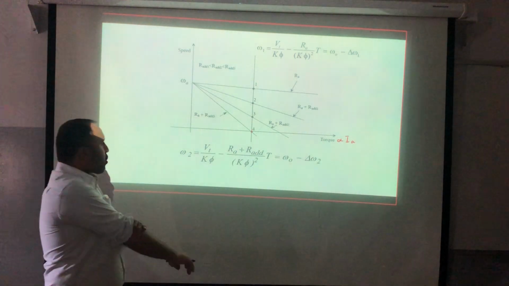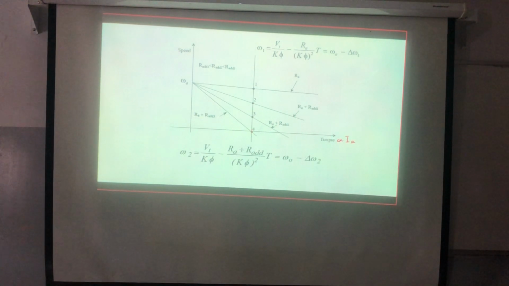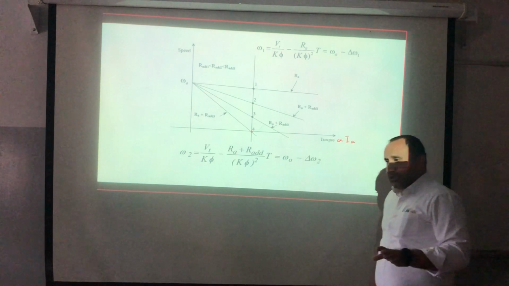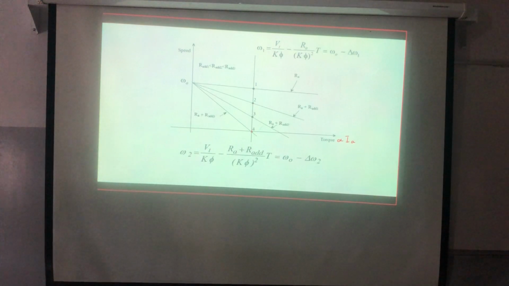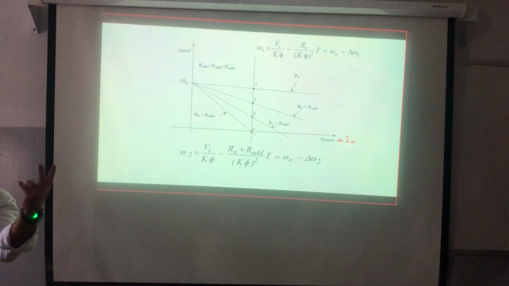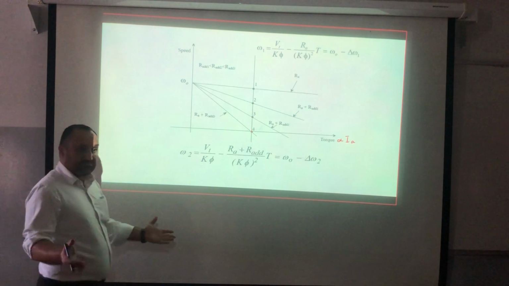Good? Okay. Now let's make some challenge here. Let's assume that I need to start the machine while the current is never allowed to exceed twice the rated. Understood the problem? The machine is at standstill.